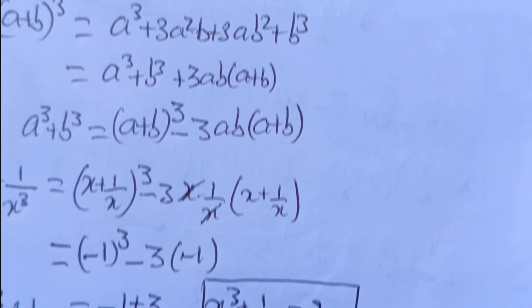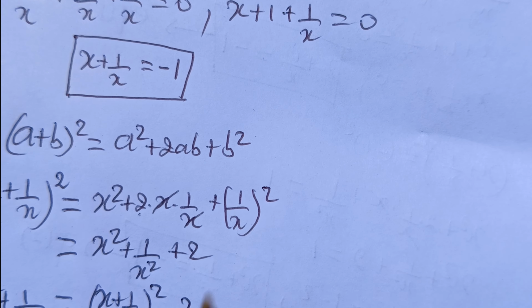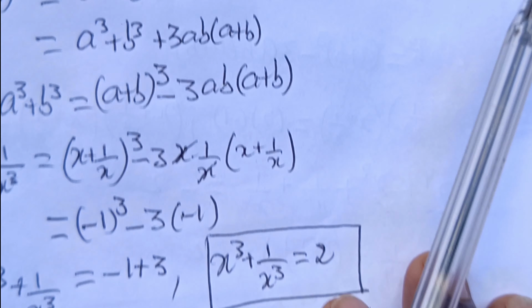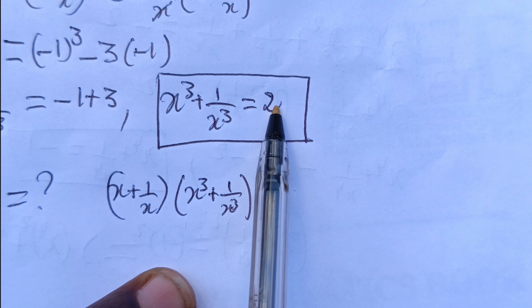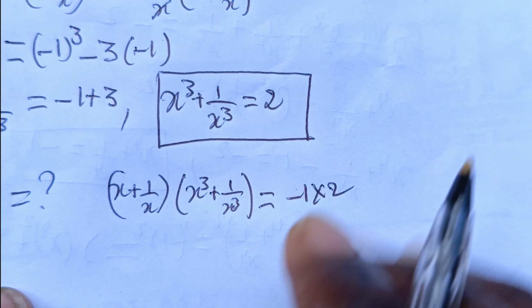You remember that x plus its reciprocal is minus 1, and x to the power 3 plus its reciprocal is 2. Here is minus 1 times 2.